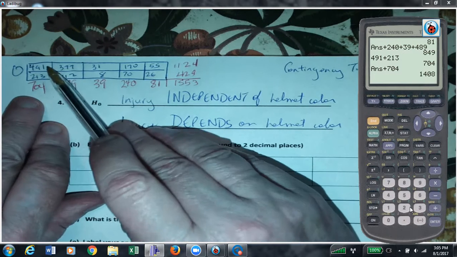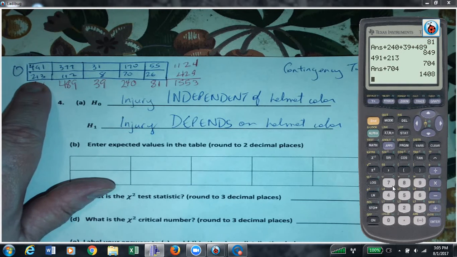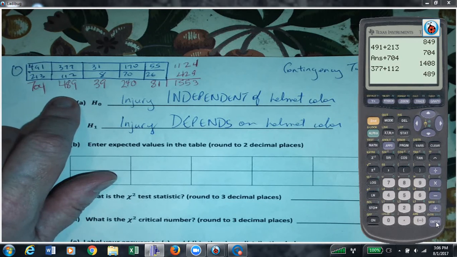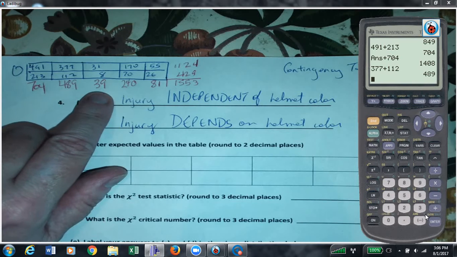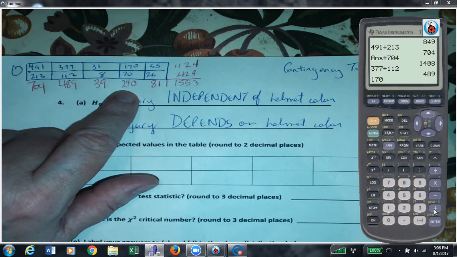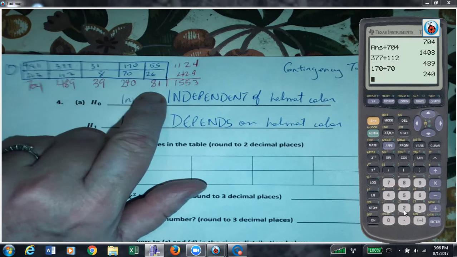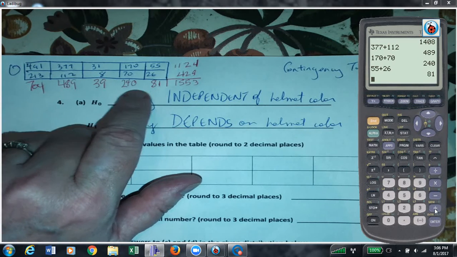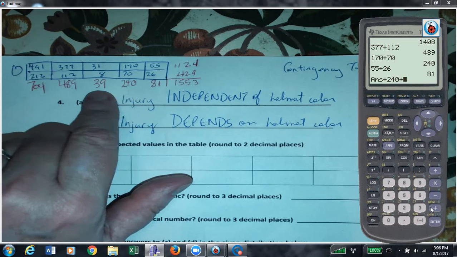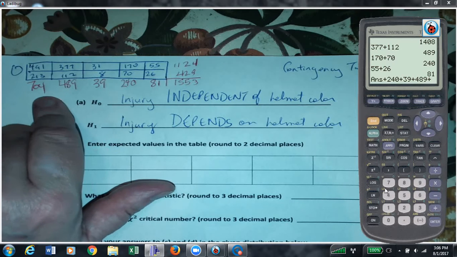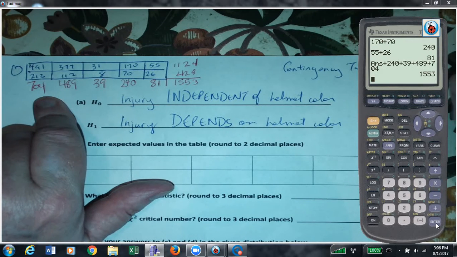All right, why don't they match? 491 plus 213 is 704. 377 plus 112 is 489. 31 and 8 is 39. 170 plus 70 is 240, and 55 plus 26 is 81. 81 plus 240 plus 39 plus 489 plus 704 is 1553.